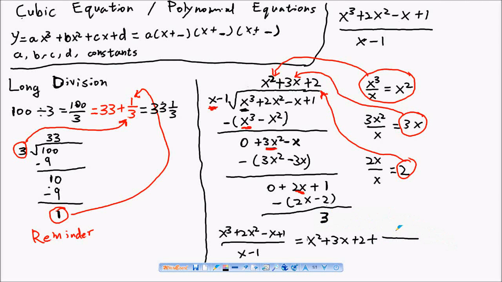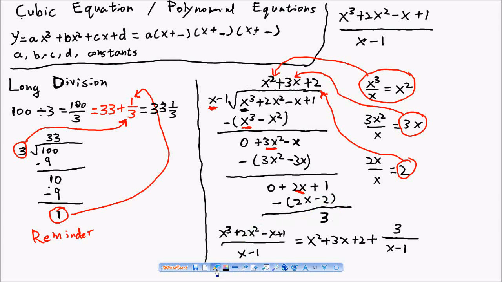The top part is your remainder, in this case 3. The bottom part is the factor here, x minus 1. We can rewrite this equation in this form by using long division.